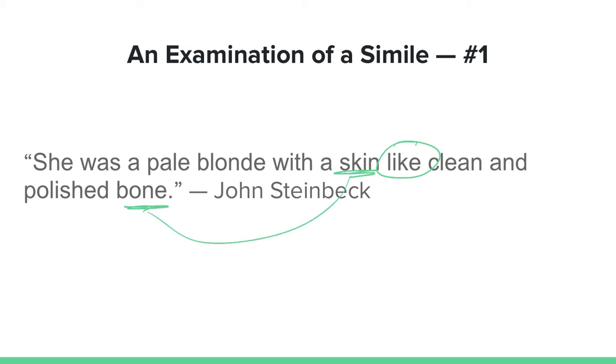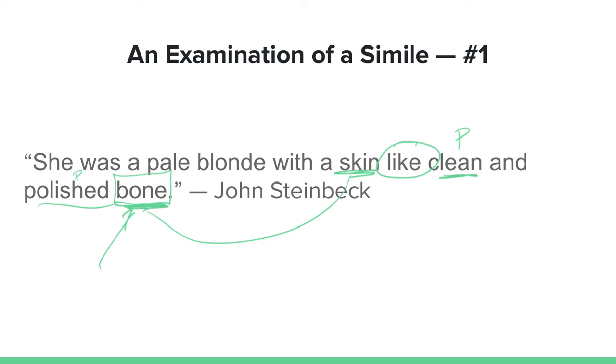Now, at the beginning of this comparison, with the skin like clean, positive, polished, positive, and then we get to bone, and all of a sudden, the simile takes on a darker and more morbid meaning. And it's that dissonance between where we think the simile is going. We think it's going in a positive direction. The distance between where we think it's going and where it ends up, that bone, that makes it effective and makes it surprising.